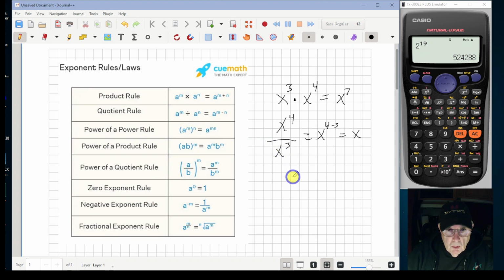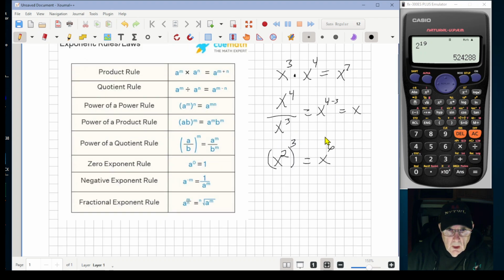Then we have the power rule. If I have x to the second power, and I'm raising this whole expression to the third power, now this means the exponents multiply. So this is the same as x to the sixth power. Now, both these next two rules are kind of important because we oftentimes want to go back and forth between forms.